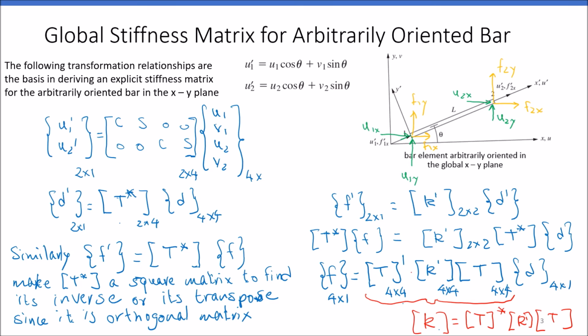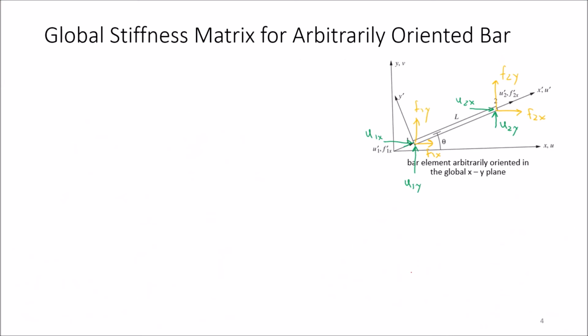So this is here the transpose, and this also here would be the transpose. So we have T transpose because I had to multiply by T transpose here to solve for F. So I get that K is equal to T transpose times K prime multiplied by T.